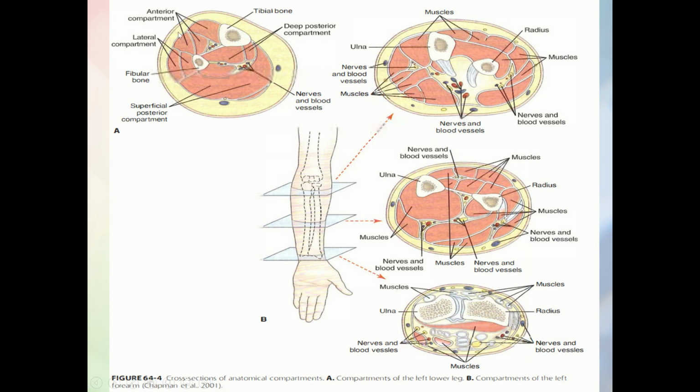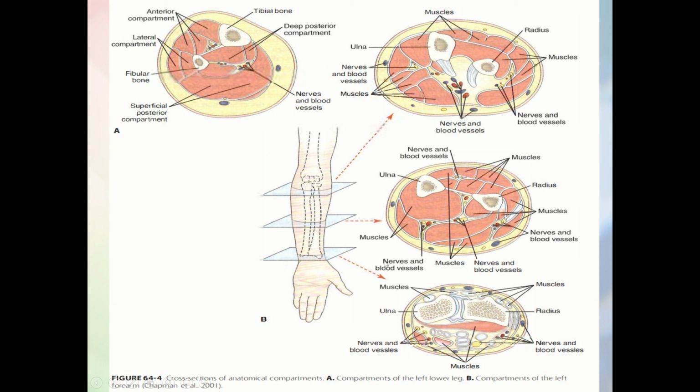So, ito yung mga compartments na meron tayo. For this one, compartments of the left lower leg. Yung letter B, this one, compartments of the left forearm. So, ito yung forearm natin, left forearm, and ito yung kanyang mga compartments.